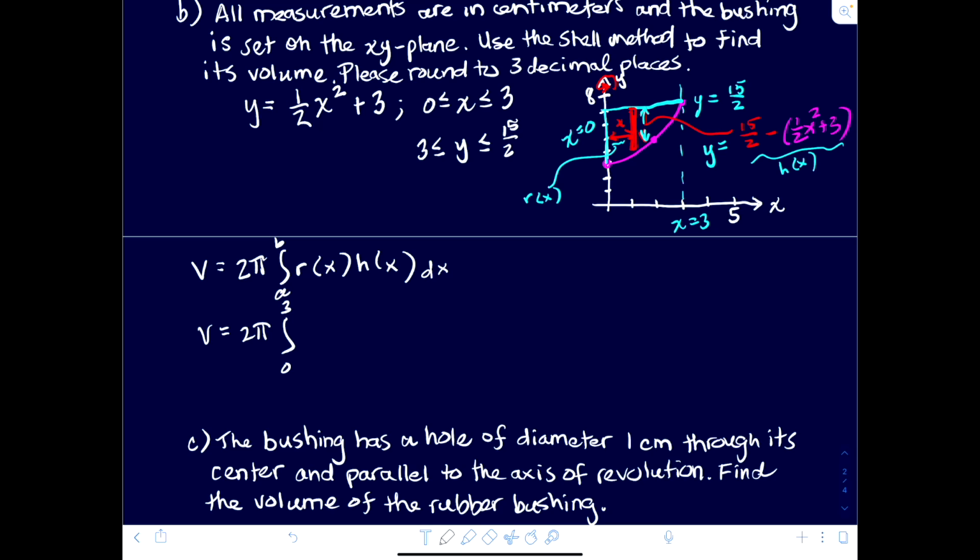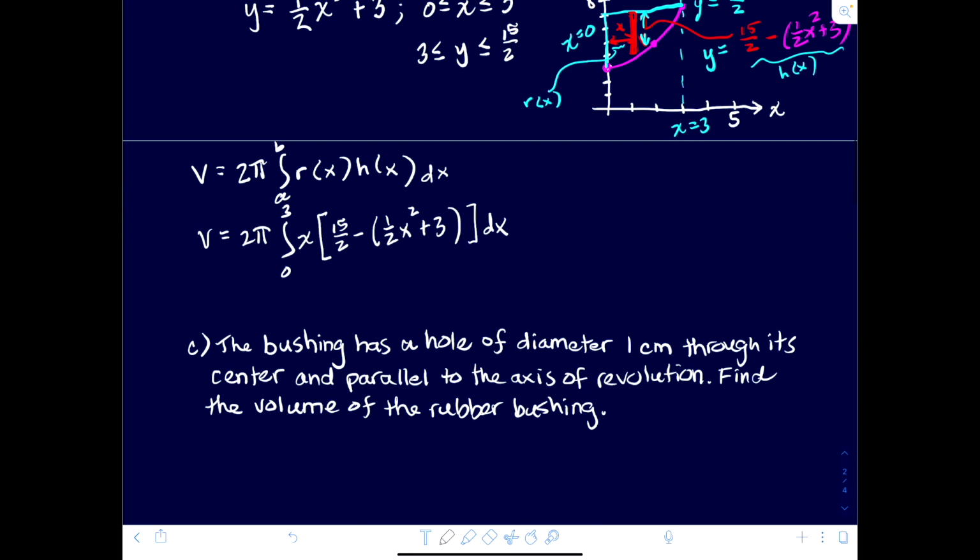And then we'll have r of x, which was so easy it's hard, was that x. h of x was the 15 halves minus 1/2 x squared plus 3, dx. So then I'm going to go ahead and move this one down.